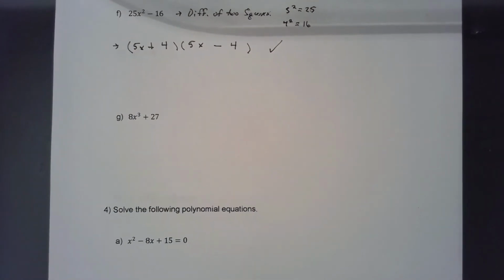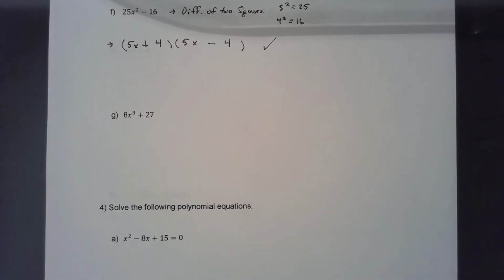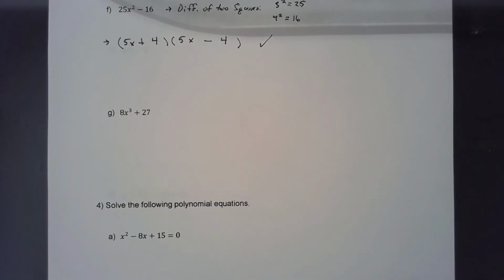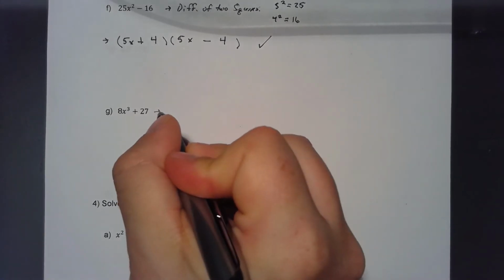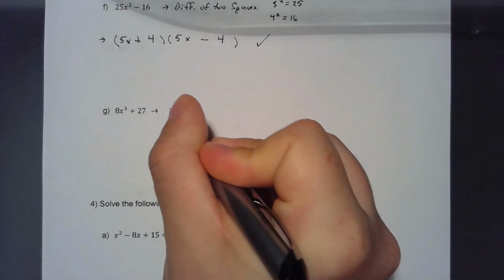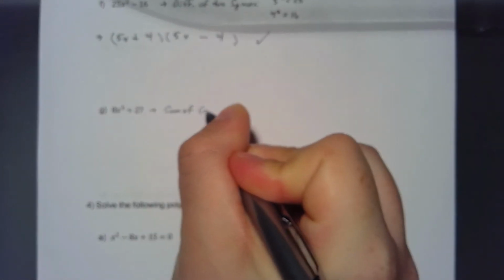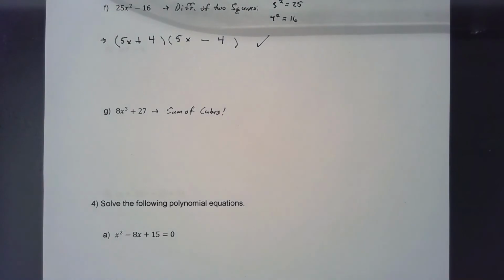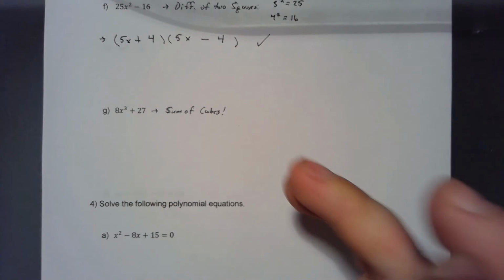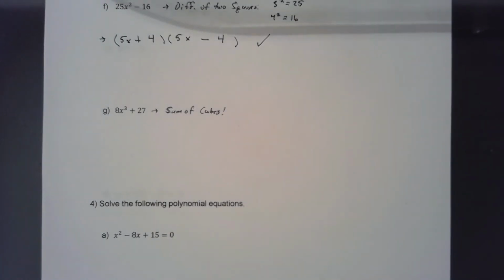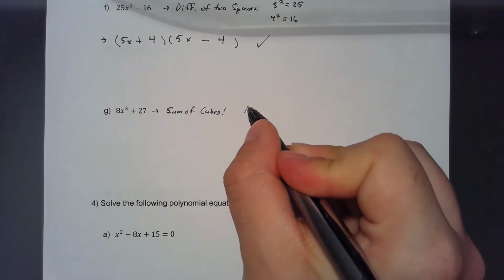Okay, letter G. Now, this is a binomial being added. I have an x to the cubed power, so this is a good indication it's a sum of cubes. The factors of a sum of cubes are a little bit more complicated. Just remember, a sum of cubes factors as follows.